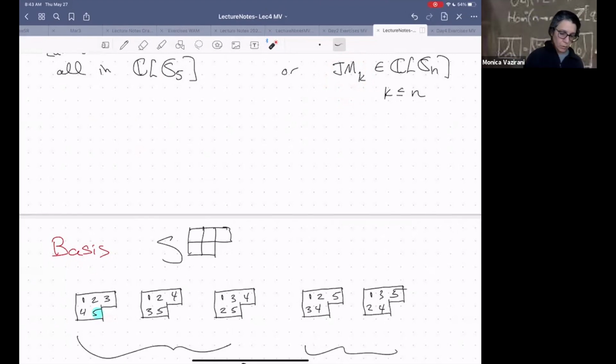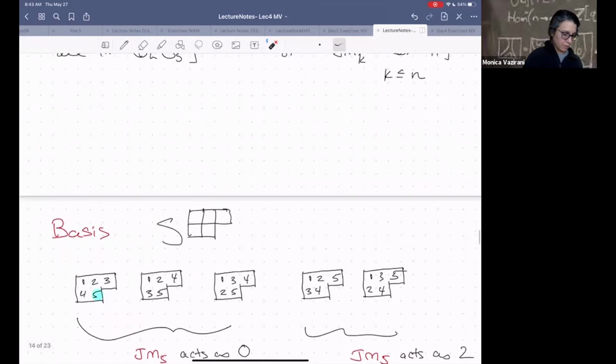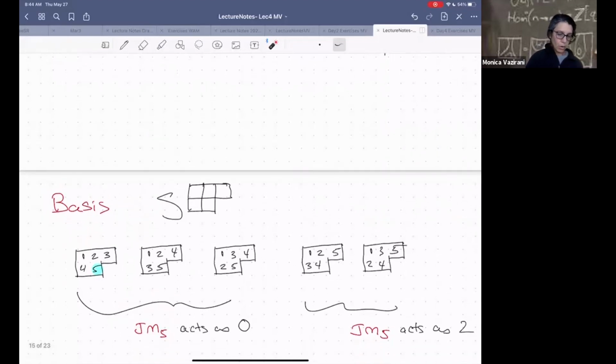Okay, so let's just see it in action, right? So here's my partition 3, 2. Here's my basis. I've decided to use this trick of standard Young tableaux, giving me my basis that's compatible with restriction. And I've divided them up compatible with restriction from 5 to 4.